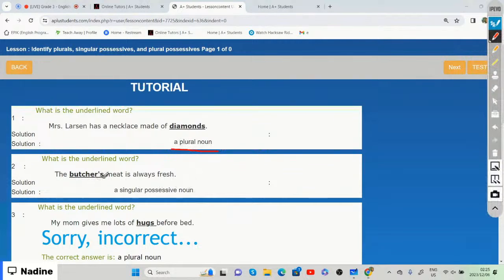The butcher's meat is always fresh. Is this a singular possessive or is this a plural possessive?